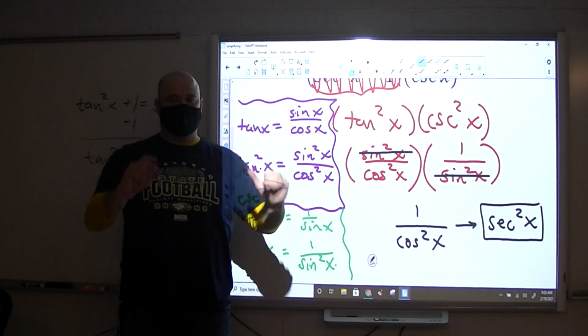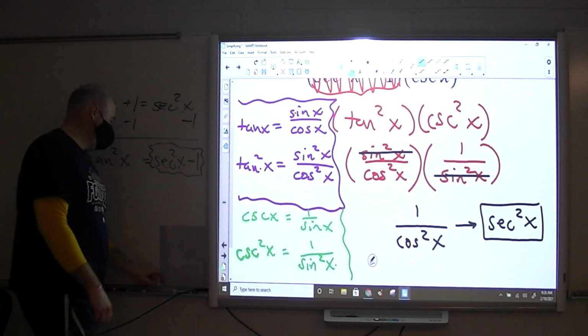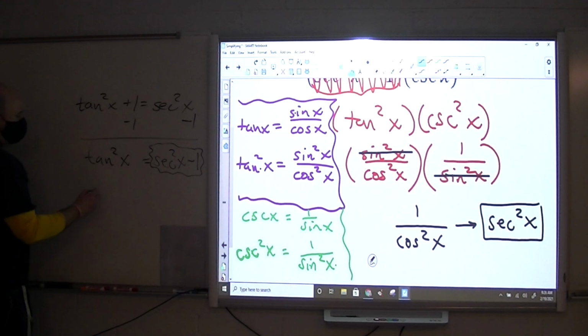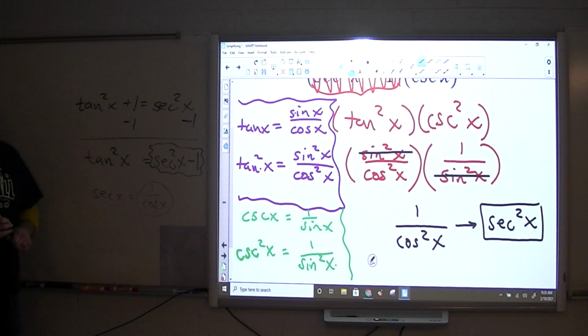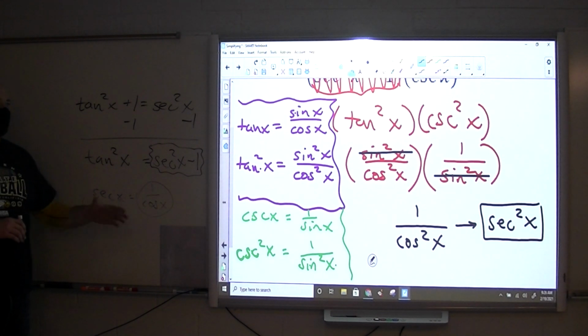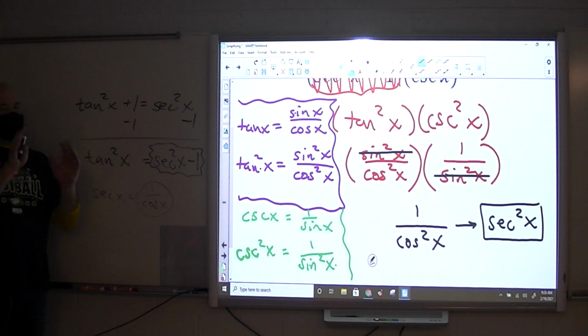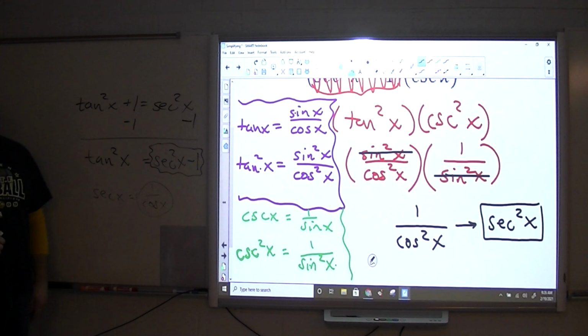You have an equivalent statement in your notes that says secant x is equal to 1 over cosine. I expect you to at least recognize that 1 over cosine has an equivalent statement. And if you're like, I can't remember if it's cotangent or tangent, but I know I've seen it before, go find it.